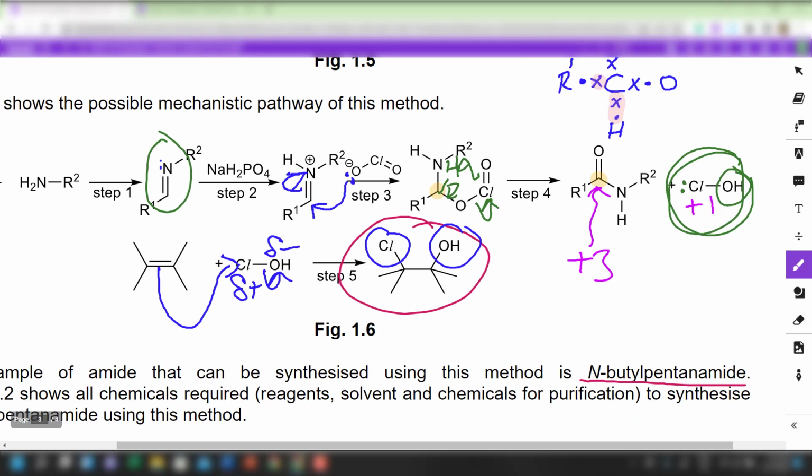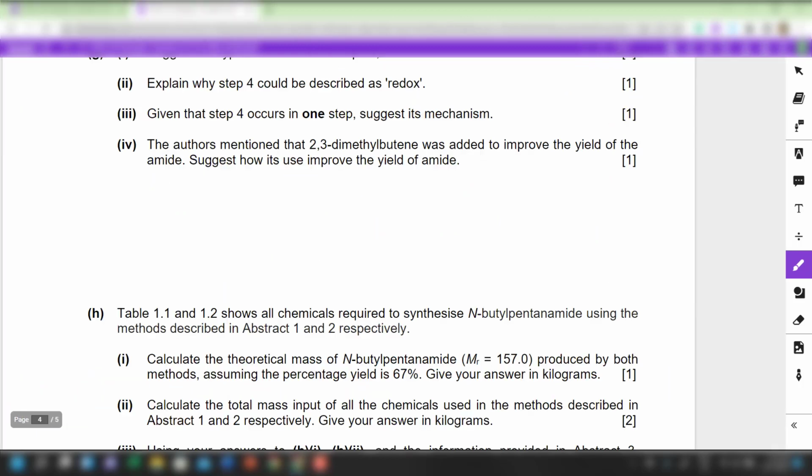By consuming ClOH, it pushes the position of equilibrium of step 4 to the right, because one of the byproducts is being consumed. This will ensure that the reaction is pushed towards completion, and by pushing the reaction towards completion, it improves the yield of the amides.